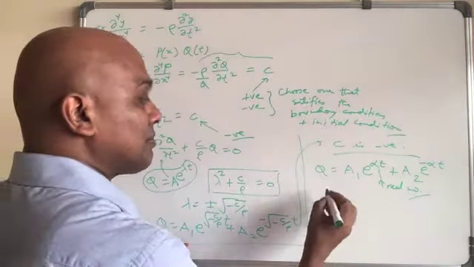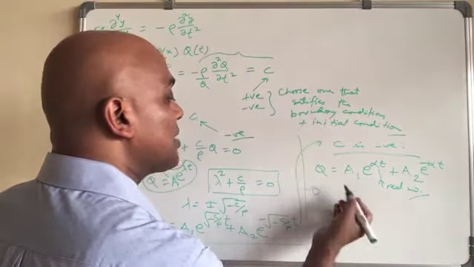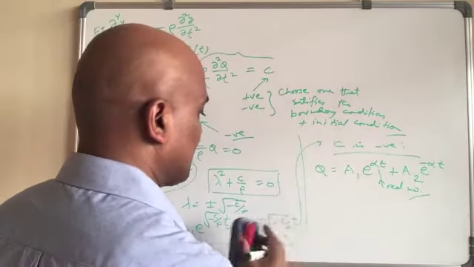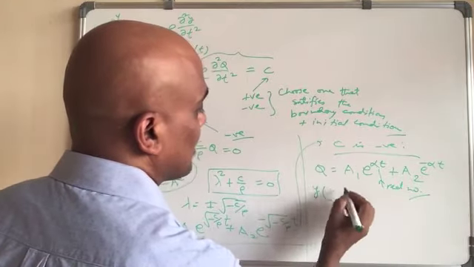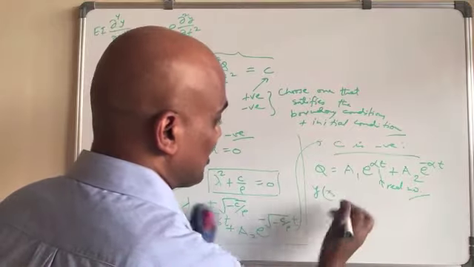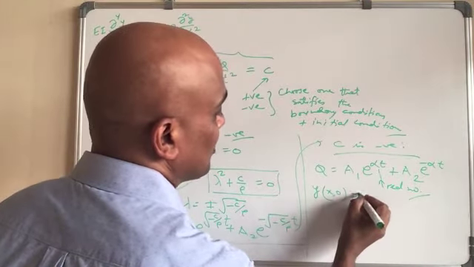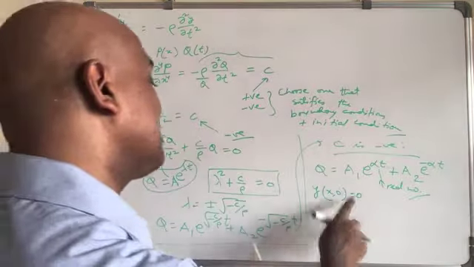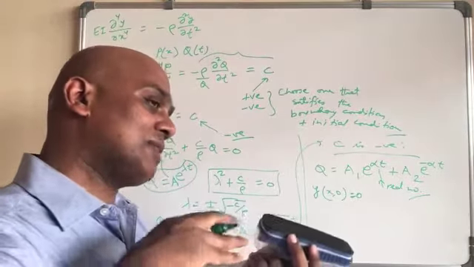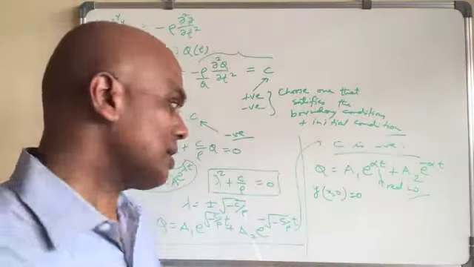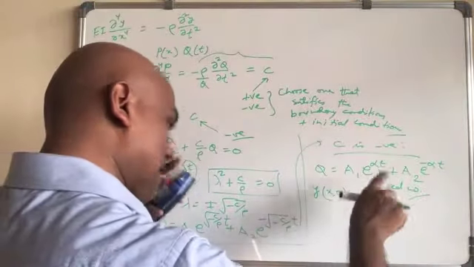Now y is a function of x and t, so y(x, 0) will be 0. Let's say we are starting from that position, we call t equal to 0, when the beam is basically a straight line. So in that case, y is 0 everywhere.